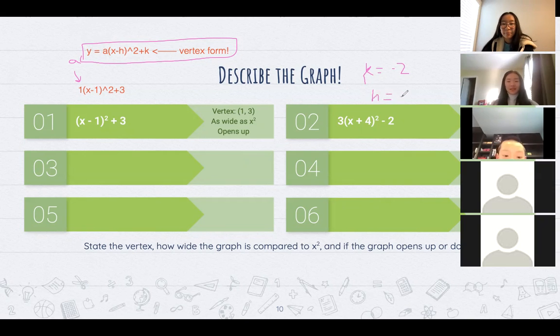Okay, now let's see if it's wider or skinnier. We said that if the A at the front, which is 3 right now, is bigger than 1, then it gets skinnier. If it's smaller than 1, it gets wider. So is it skinnier or wider?